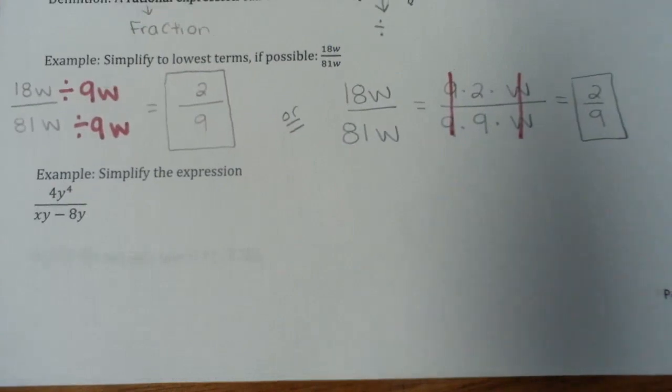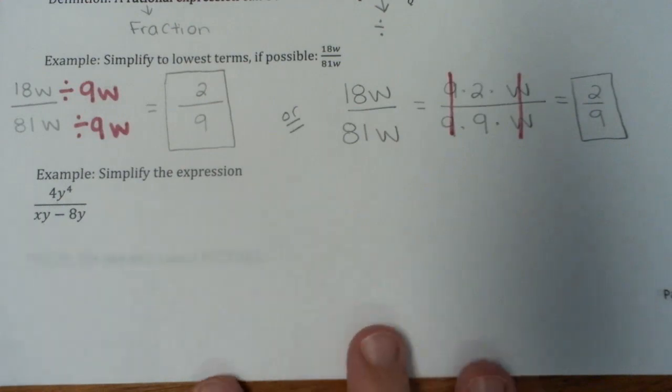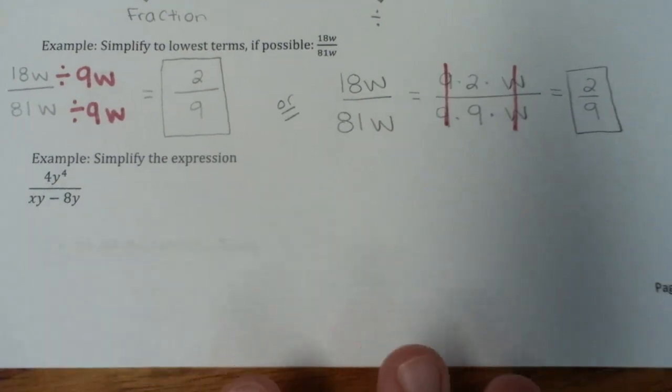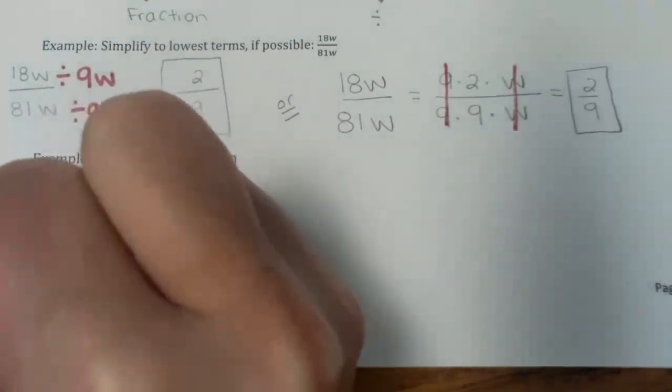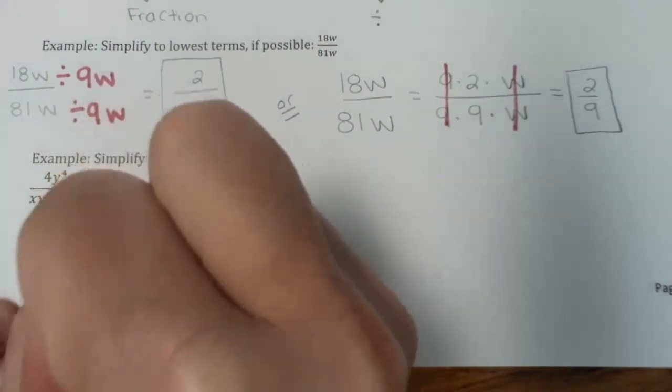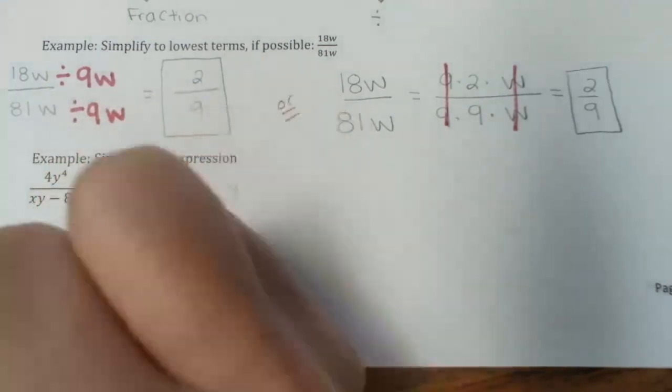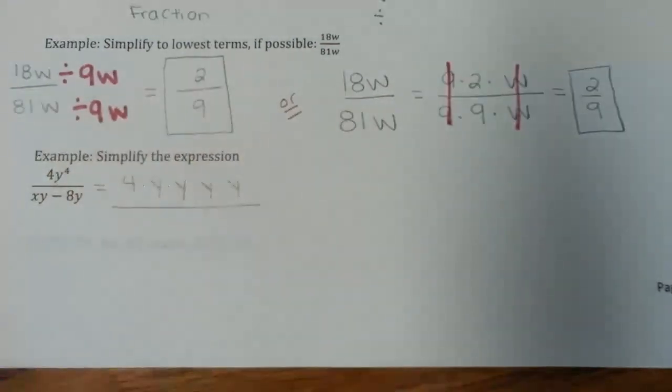So thinking of the same thing, let's simplify the expression 4y to the 4th all over xy minus 8y. So looking at this, I want to write it in factored form. So up top, 4y to the fourth, that's really like 4 times y times y times y times y, all over xy minus 8y.